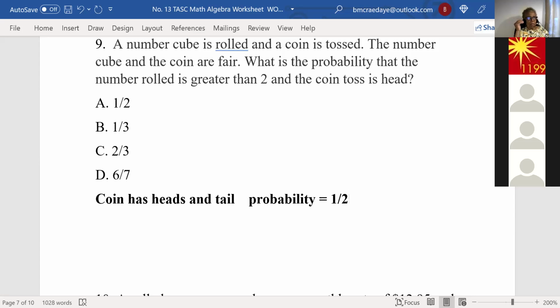Now, a die has 6 parts, right? And they are like 1 through 6.